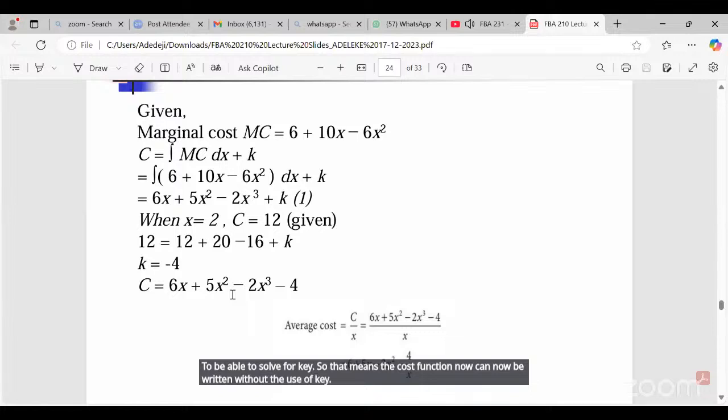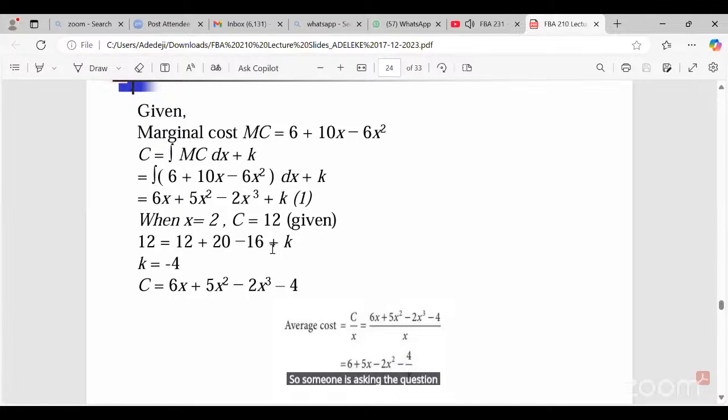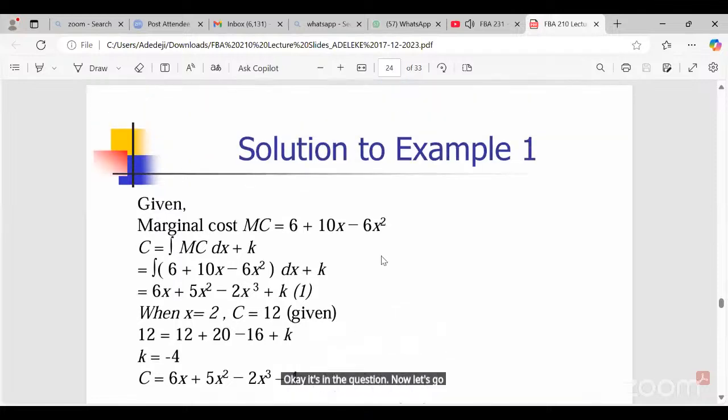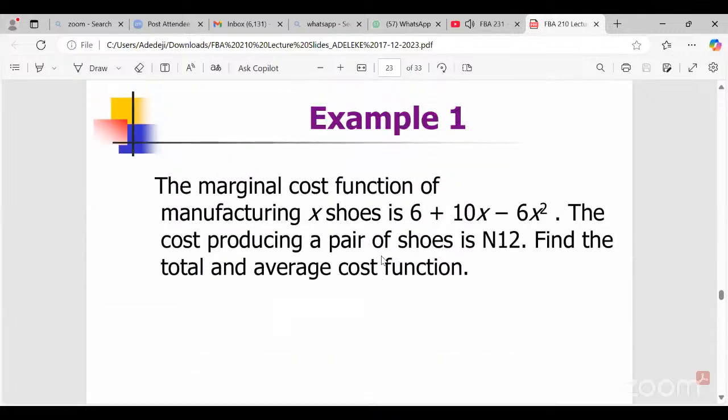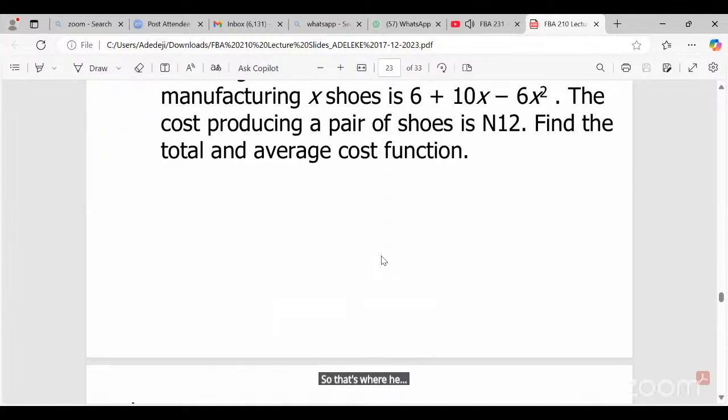Someone is asking where the 2 is coming from. Okay, it's in the question. Now let's go back to the question. It says the cost of producing a pair of shoes is 12. We all know that a pair means 2. So that's where the 2 is coming from.